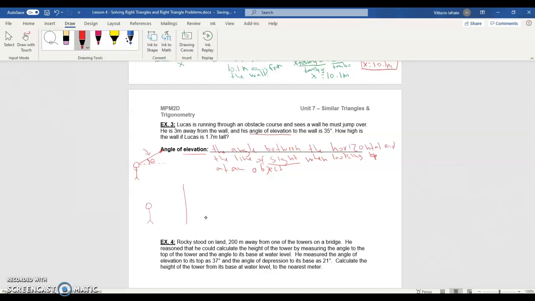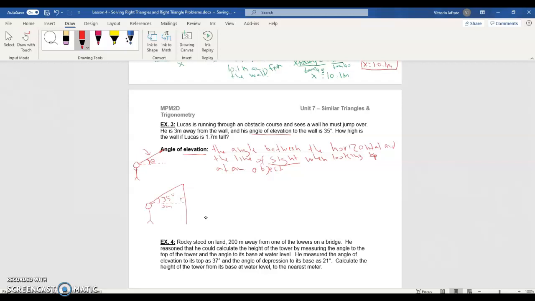And he's looking up at the wall. This is the line of sight there. And we're going to draw that horizontal. And we know the angle between the line of sight looking up and the horizontal is 35 degrees because that's the angle of elevation. And this, if you notice, that's his distance from the wall, which is 3 meters.